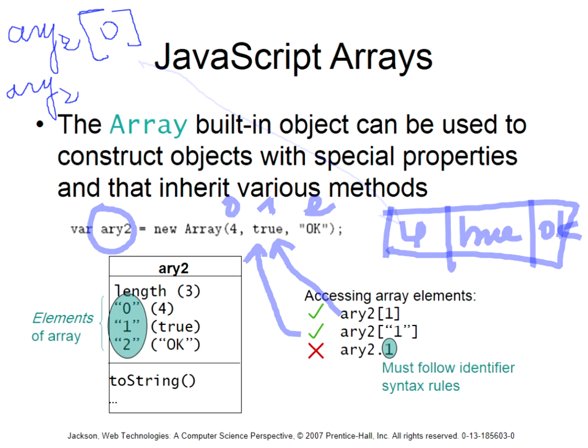Or I can also write array2['0'], the index 0 as a string. But I cannot write array2.0. Array2.0 is a mistake.